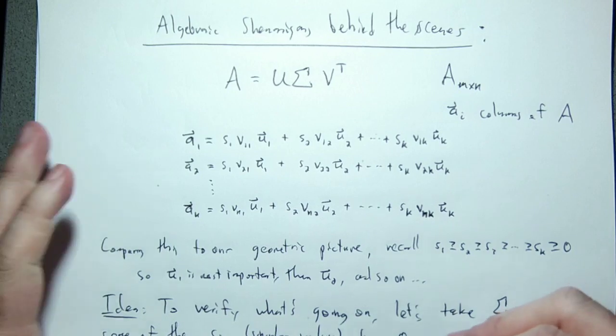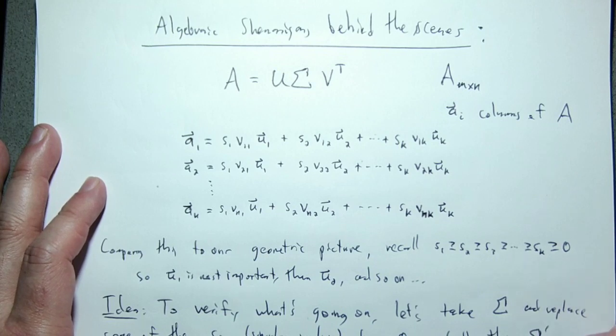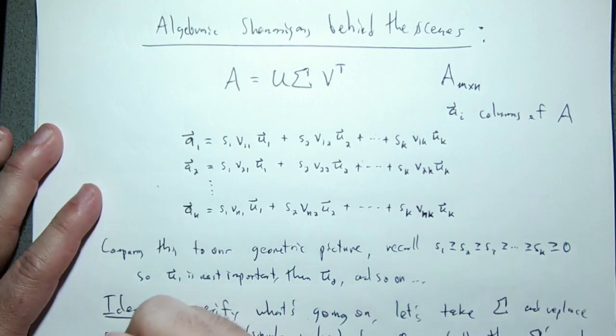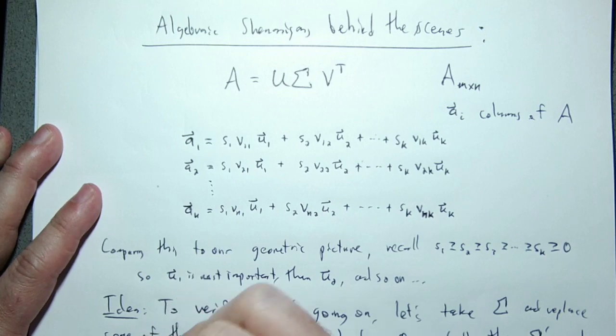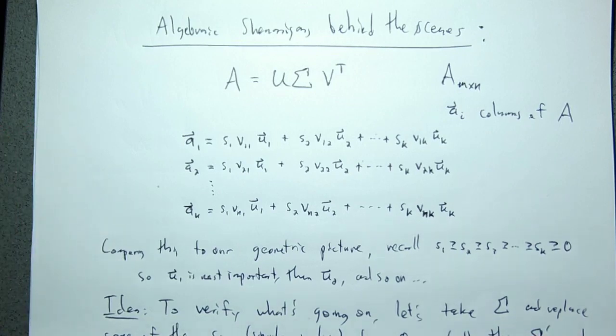Okay. So call this sigma prime, and using this we can compute A prime, which is going to be U times sigma prime times V transpose.